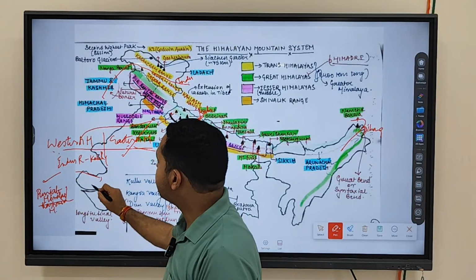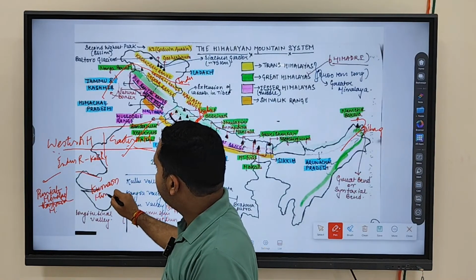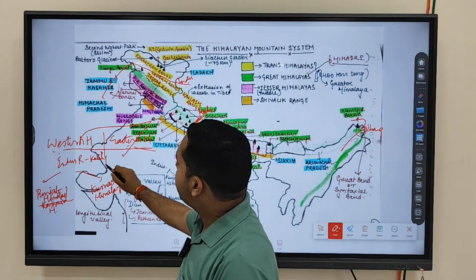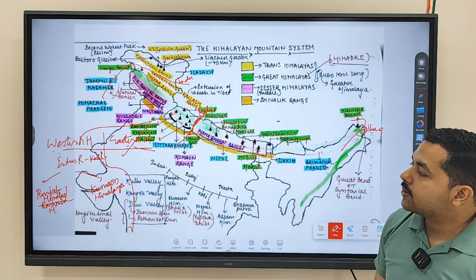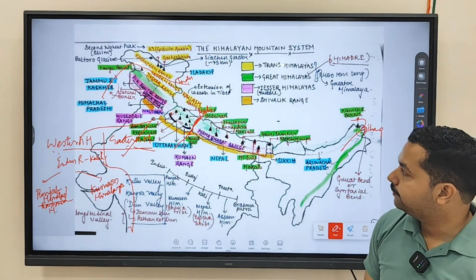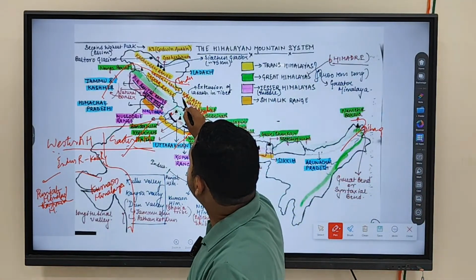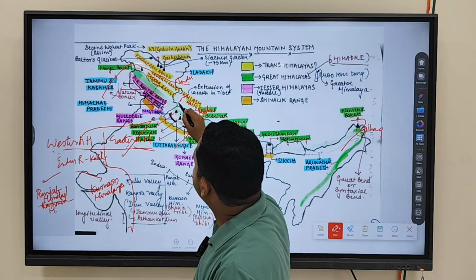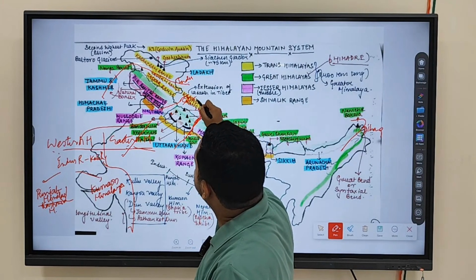And the second division is Kumaon Himalayas. So Western Himalayas is further divided into two parts: Punjab Himalayas or Kashmir Himalayas, and the second is called what? Kumaon Himalayas. Fine. So in Himachal Pradesh region, which river enters?